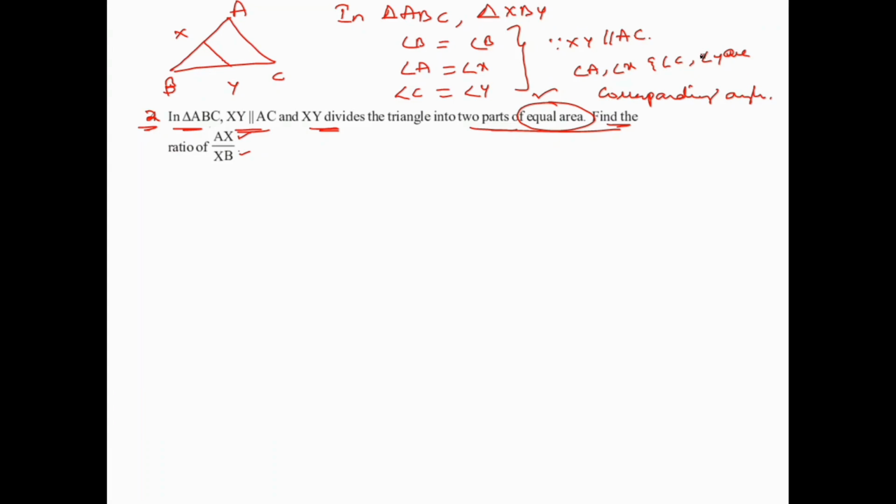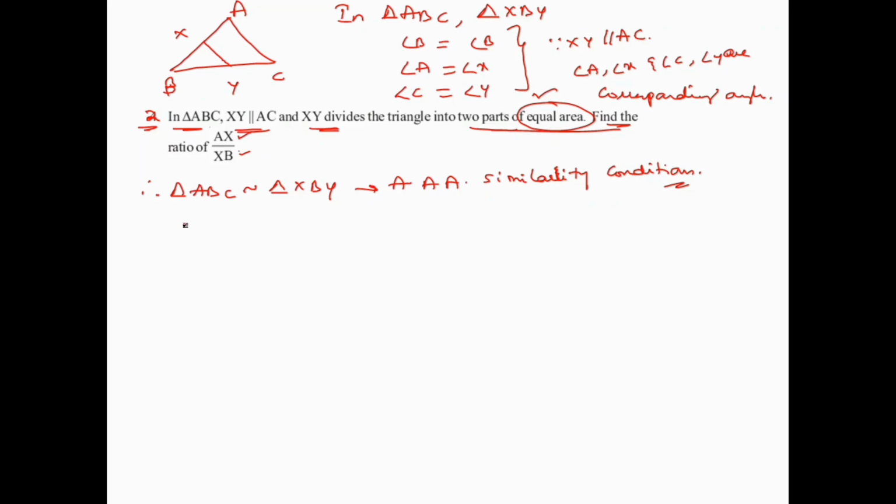So from this, I can say that triangle ABC is approximately equal to triangle XBY by using the angle similarity condition. You have the criterions, remember. So by using that criterion, I can say these are equal, right? Good.